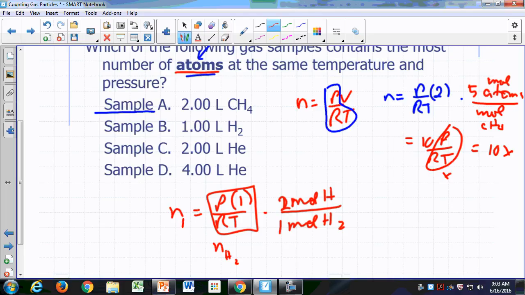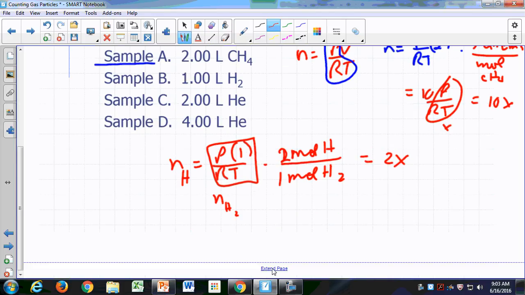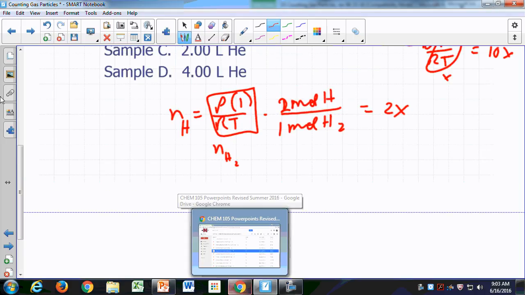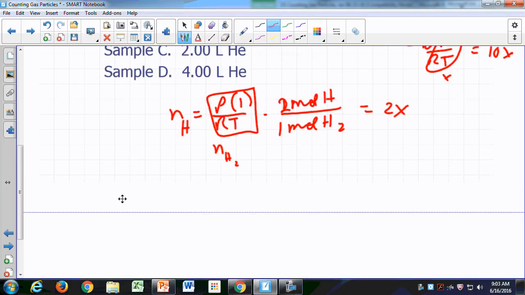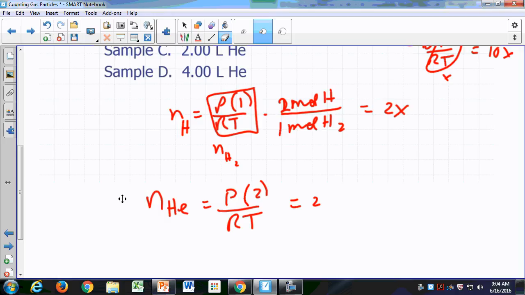So this is just n of H, the number of atoms of H. That gives you 2X, right? The next one, helium: the number of atoms of helium is P times 2 liters over RT. Helium is already an atom, so this is going to be 2X.